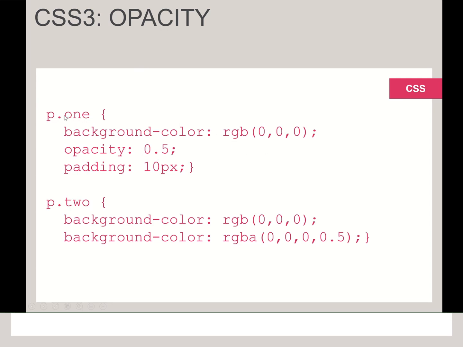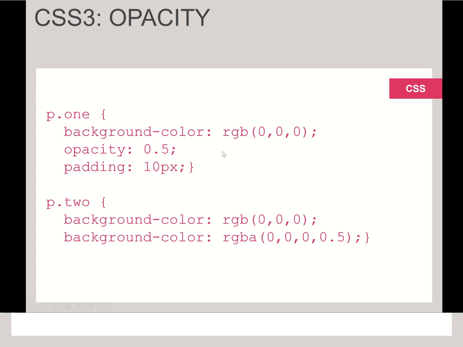Okay, so for example, p.1 is to style the first square. P means a paragraph. In the paragraph, we show the first square, and its background color is 0, 0, 0, meaning totally black, and the opacity is 0.5.